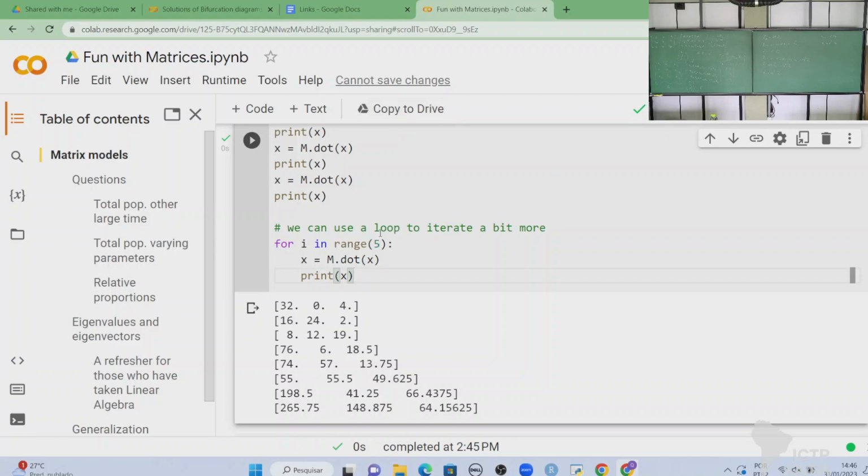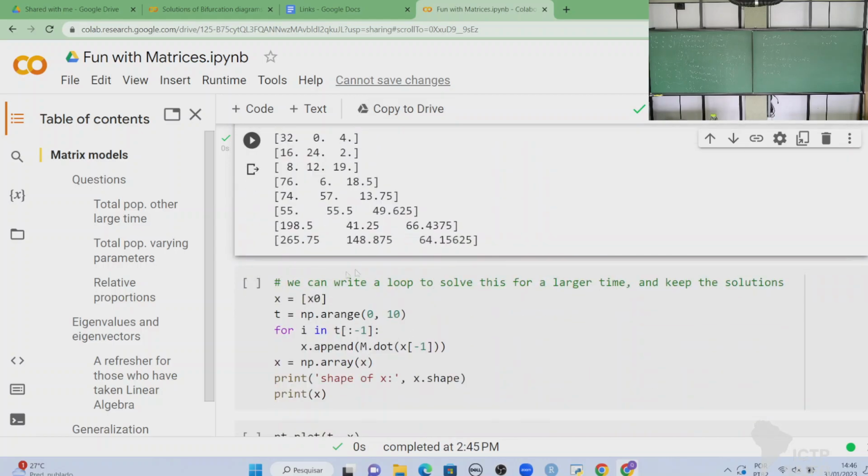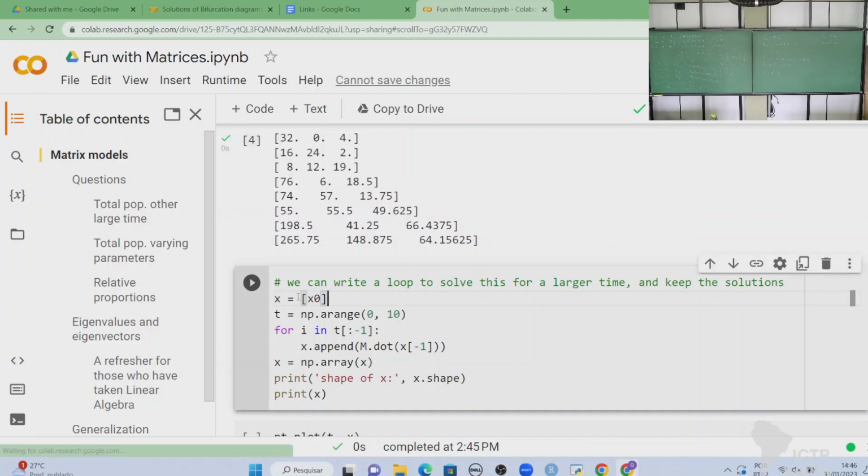Of course, I want the full solution, so let's do this in a smarter way. How did we solve recurrence equations? We had a list, and in the list we had the initial condition. I define a range of times.